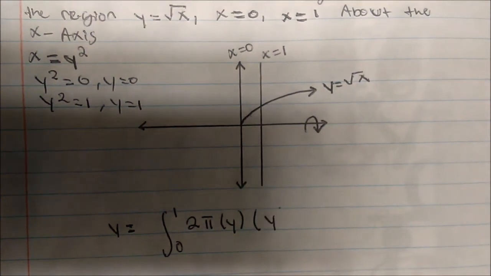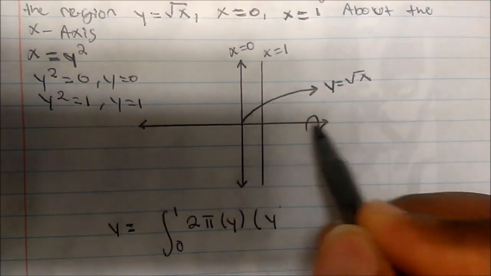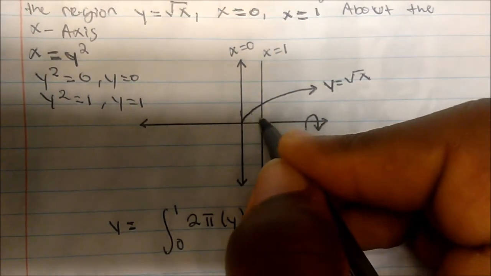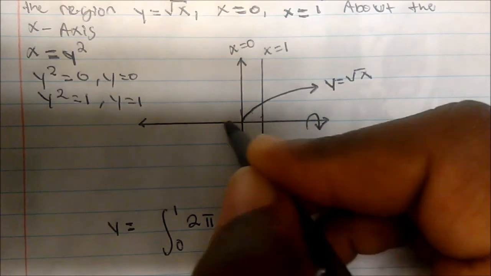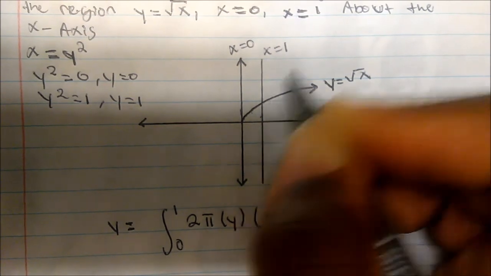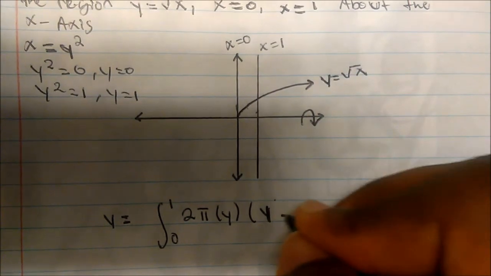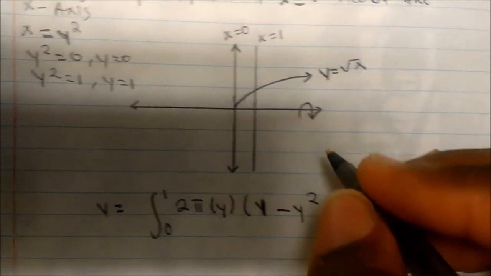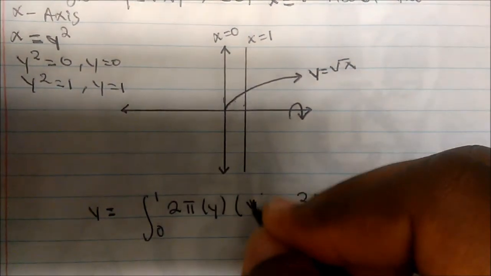Since we're rotating about the x-axis, as I walk along the y-axis, my upper function is actually given by 1. So x is equal to 1, or y is equal to 1 in this case. This line here is my upper function, which is 1, and I subtract from it the lower function, which happens to be y squared. We attach our dy.